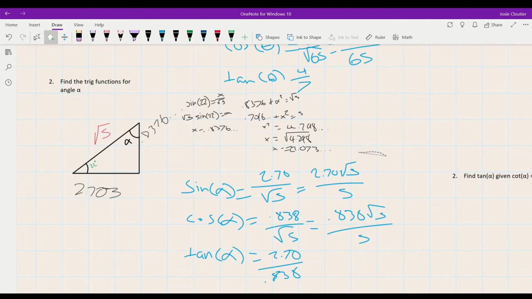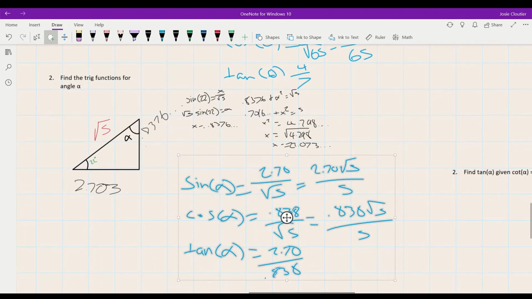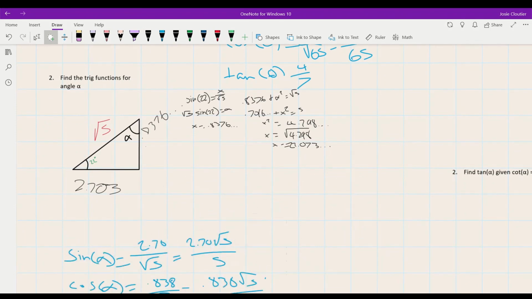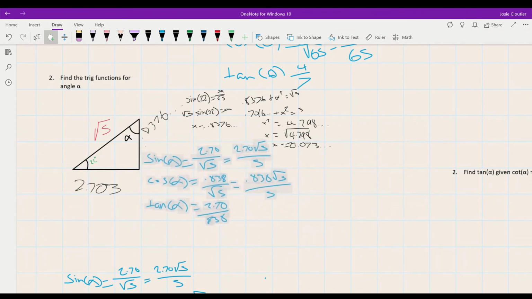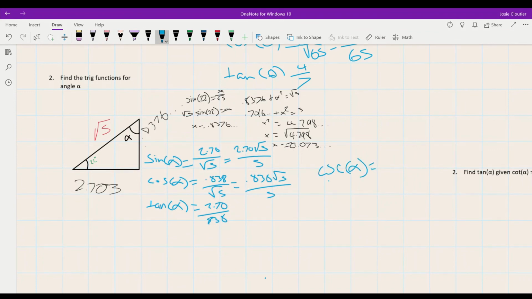Okay, those are the first half. Then cosecant of alpha is equal to 0.838 over square root 5, which is 0.838 square root 5 over 5.